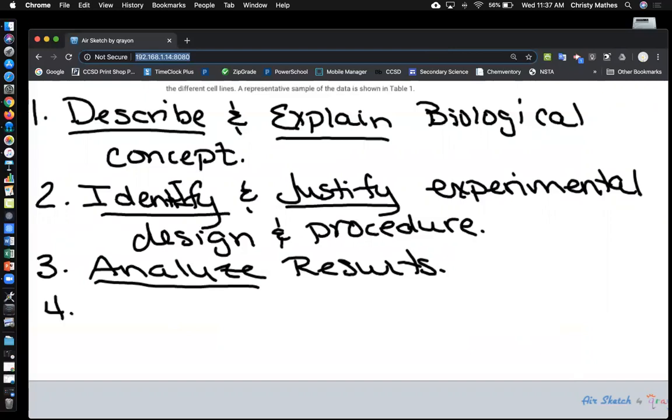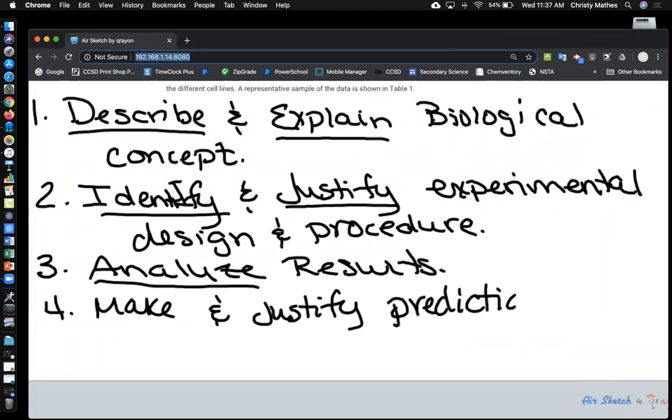The last part is going to be to make and justify predictions. You're either going to look at the results and an analysis that you did and say, this is what it means and here's how we're going to apply it.